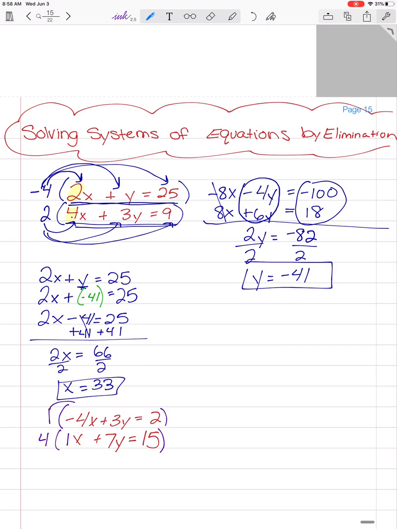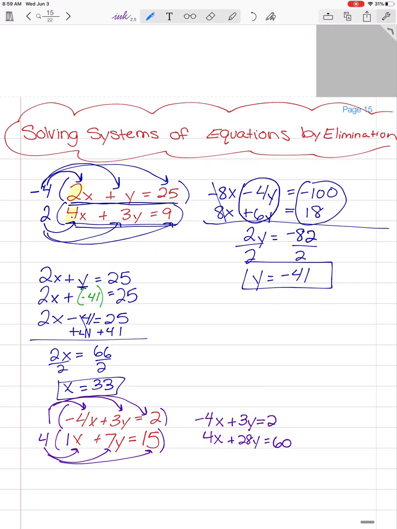So I distribute 1 to everything inside, and I get negative 4x plus 3y equals 2. And I distribute everything on the bottom, and I end up with 4x plus 28y equals 60.